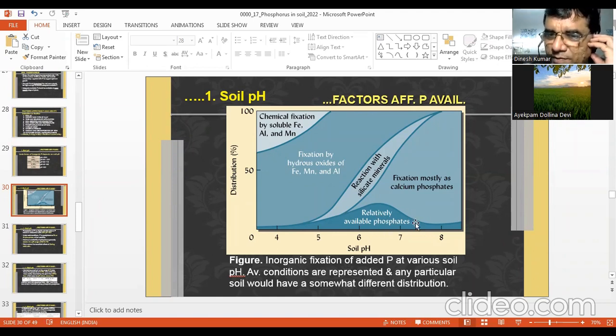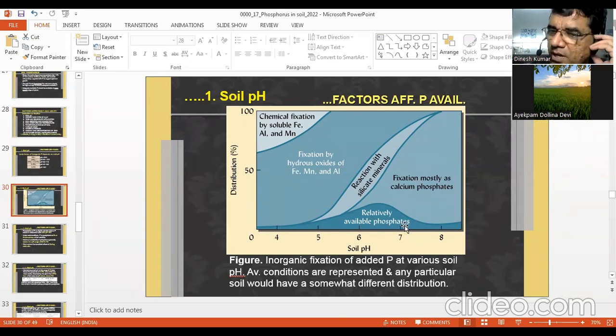Then there is relatively available phosphorus, available phosphate. You can see it starts being available somewhere after 4.5, and maximum availability is between 6 and 7, and then it further decreases. So this is your available phosphate. And then fixation is mostly as calcium phosphate.